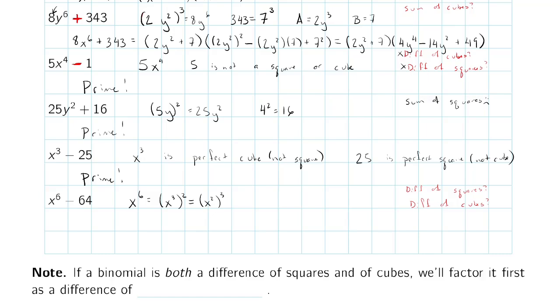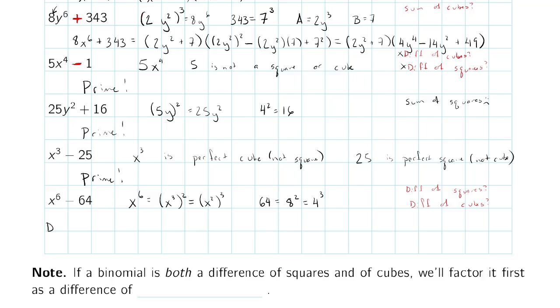So that could be a perfect square or a perfect cube. My 64, well, that's 8 squared, but it's also 4 cubed. So that second term could also be a perfect square or a perfect cube. There are two ways I can factor this.